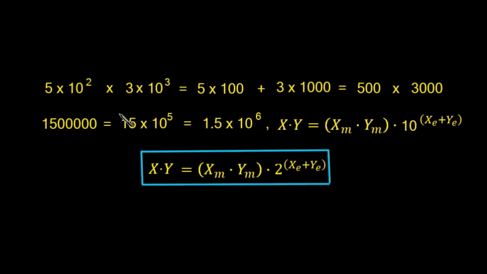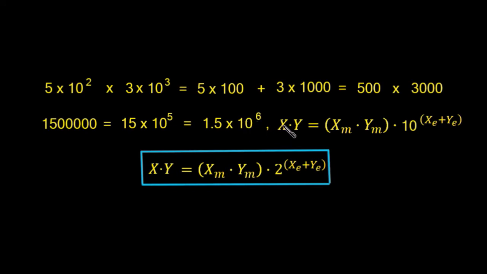So that's equivalent to saying we take the 5 times the 3, which gives us the 15, and we take the 2 plus the 3, which gives us 5. So we multiply together these numbers, which we could call the mantissas, and we add together the exponents. Now we could normalize this as well and write this as 1.5 times 10 to the 6.